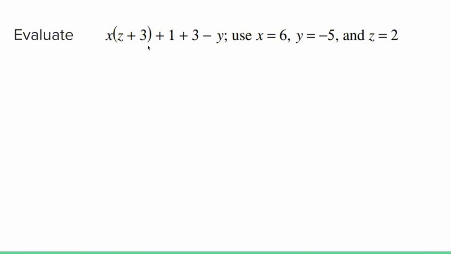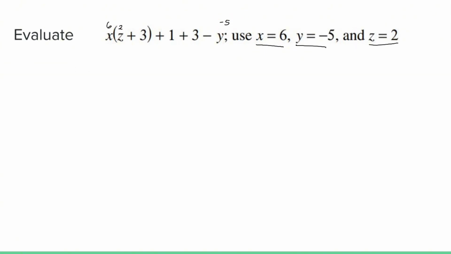Ooh, look at this Algebra 2 problem. We have to evaluate x(z + 3) + 1 - y if x is 6, y is -5, and z is 2. So what I'm going to do is replace x with 6, replace z with 2, and replace y with -5.